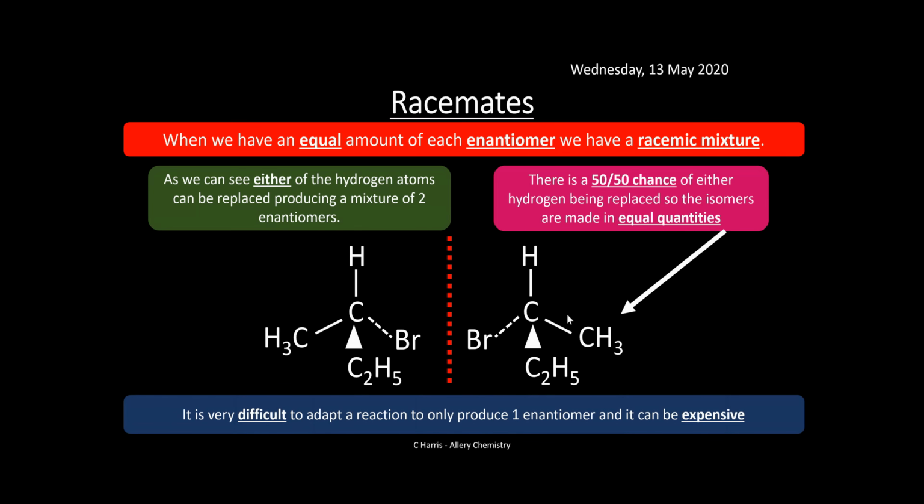It's really difficult to adapt a reaction to only produce one enantiomer, and it can be quite expensive. Enantiomers exist quite commonly, especially in big molecules. There's plenty of opportunity for enantiomers to be formed in bigger molecules, and it can be a bit of a problem. A classic example was thalidomide, which was used for morning sickness.